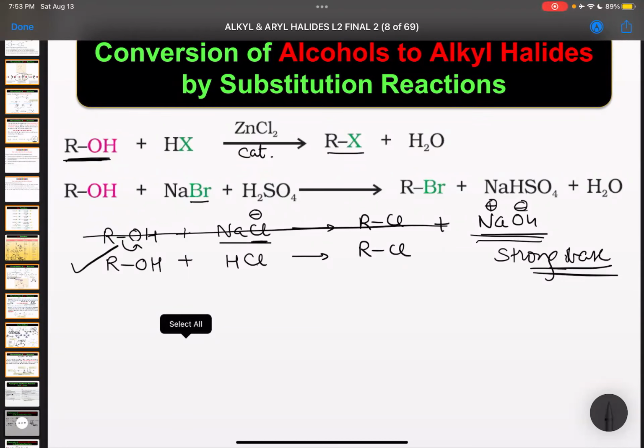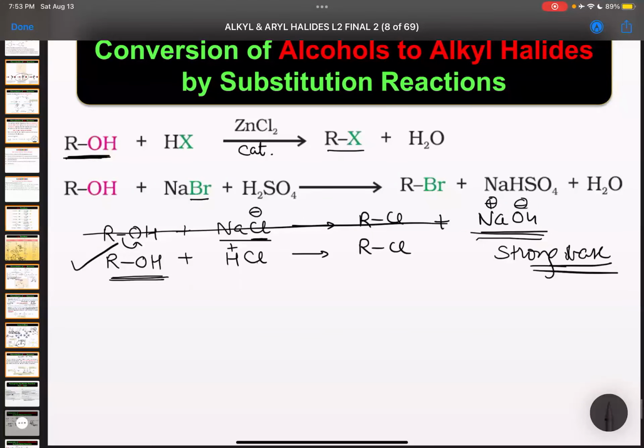And remember one thumb rule, it will be useful everywhere in all the subsequent chapters. That rule is, if you want to remove OH, if you want OH to come out, you need to take acid, you need to take H plus. Why am I saying this? If you want to remove OH from a compound, you must have an acidic medium. Why?